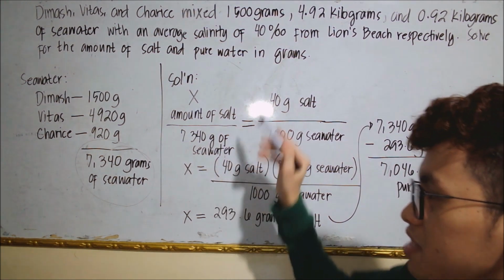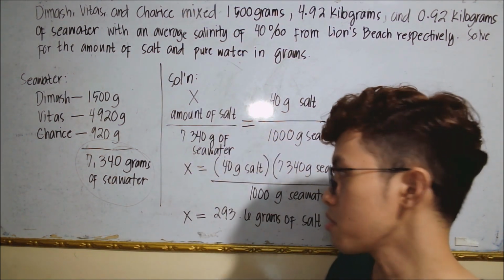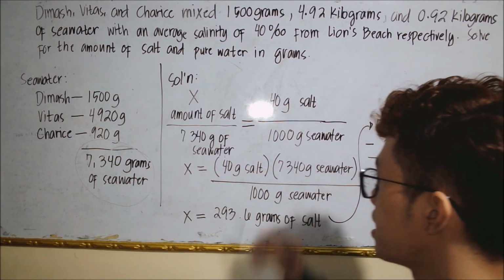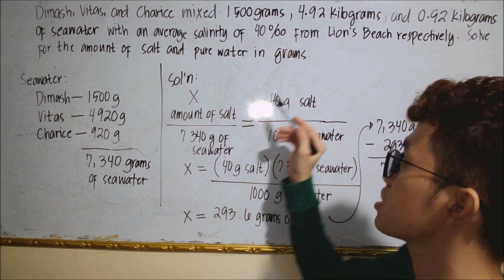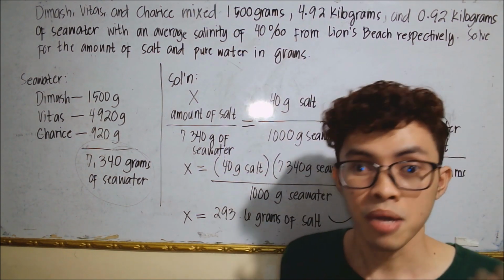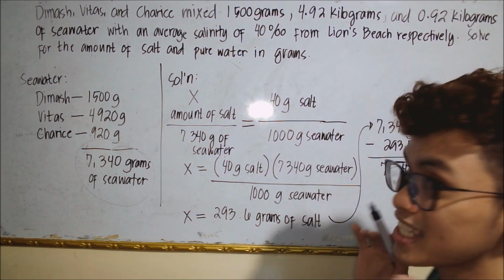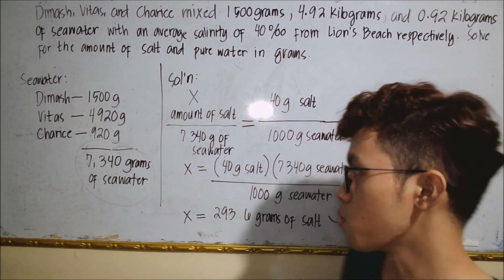Now that we have this one, we can proceed with the operation. Again, use the modified formula: X is the amount of salt over 7,340 grams of seawater is equal to 40 grams of salt. We'll now use 40 grams because the given is 40 parts per thousand. So the salinity level is 40 parts per thousand over 1,000 grams of seawater.